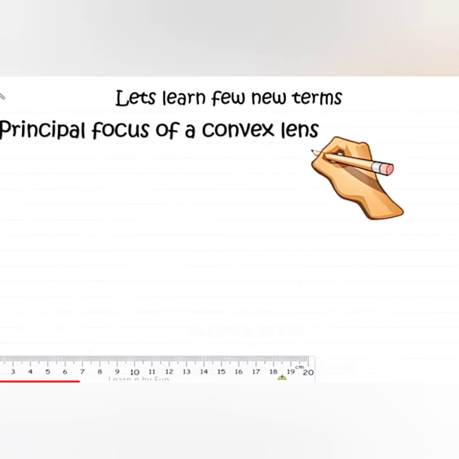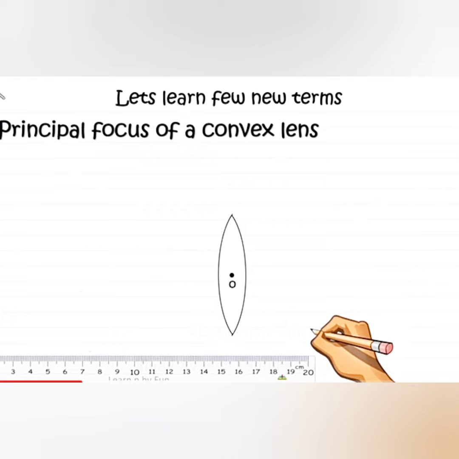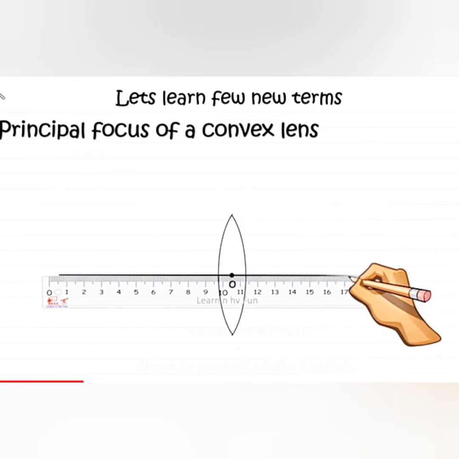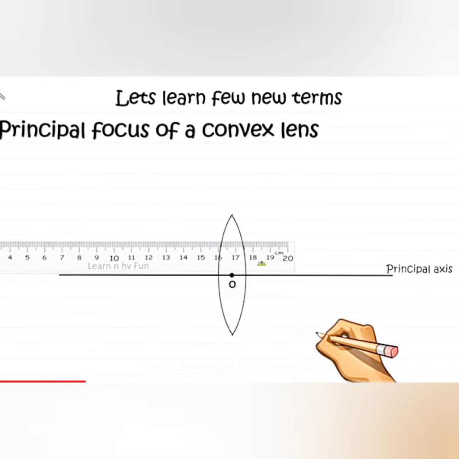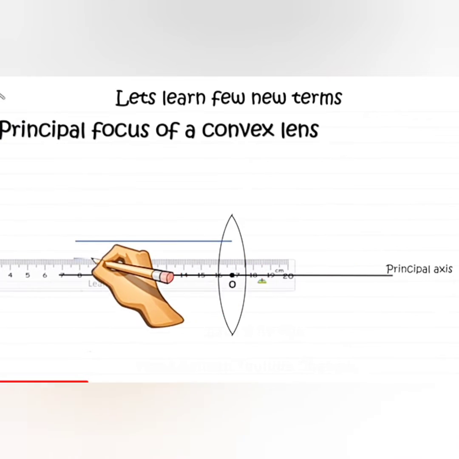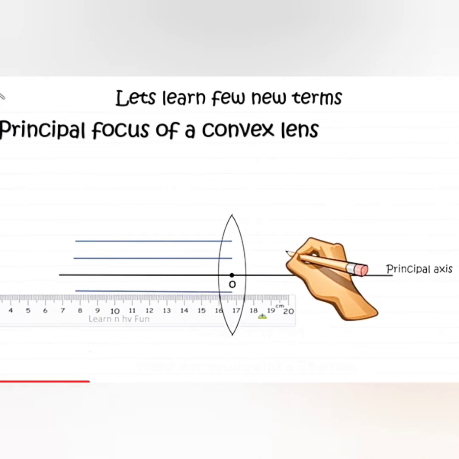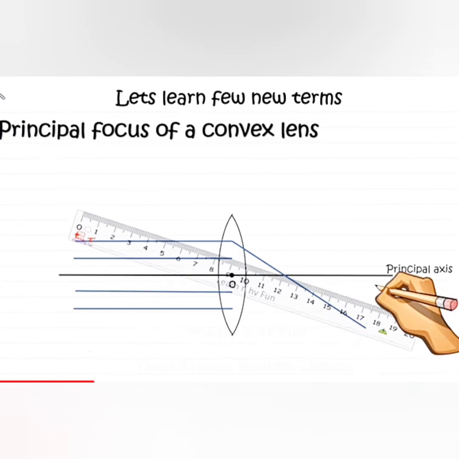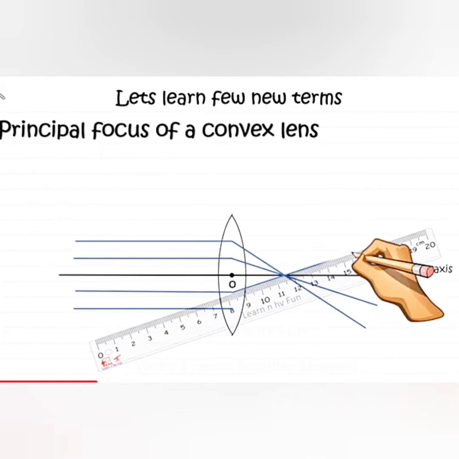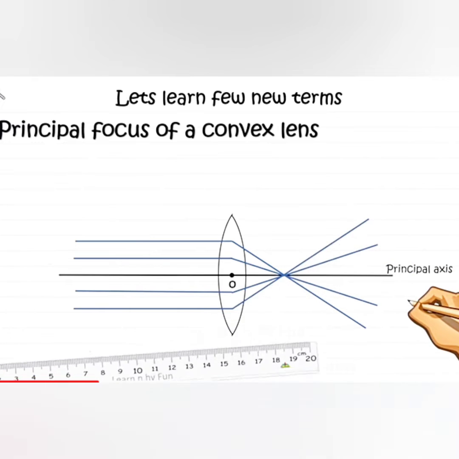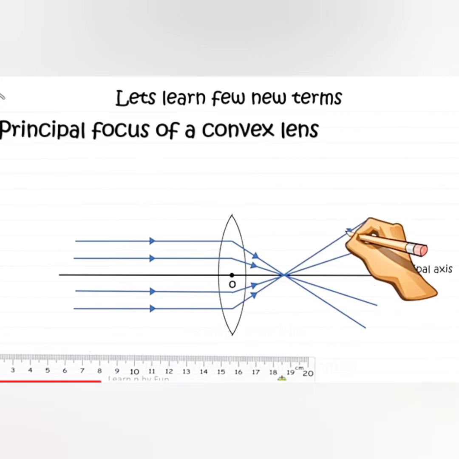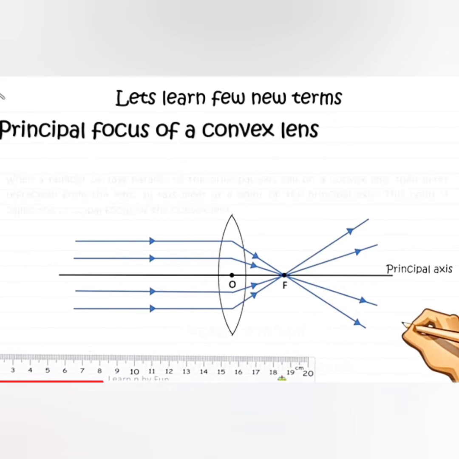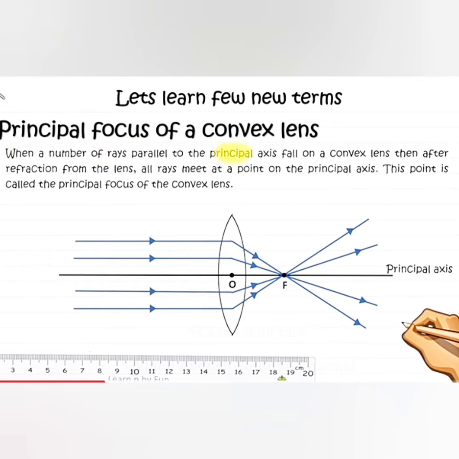When a number of rays parallel to the principal axis fall on a convex lens, then after refraction from the lens, all rays meet at a point on the principal axis. This point is called the principal focus of the convex lens. Now you are watching that all the rays meet at F. So here F is the principal focus.